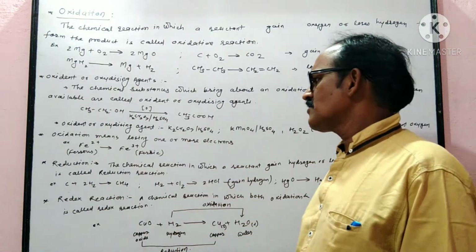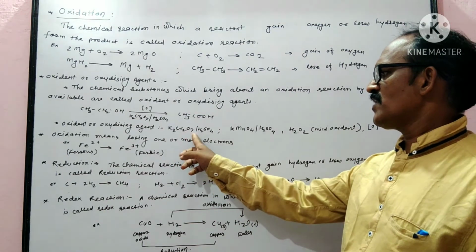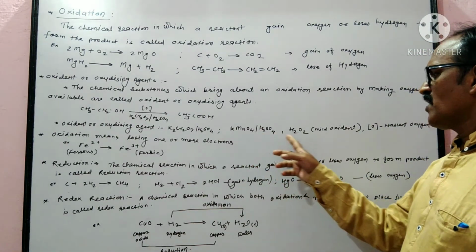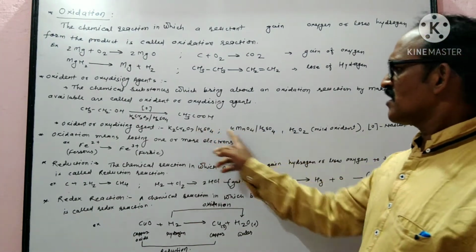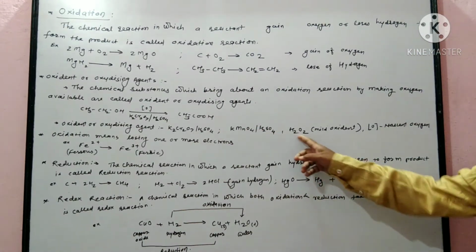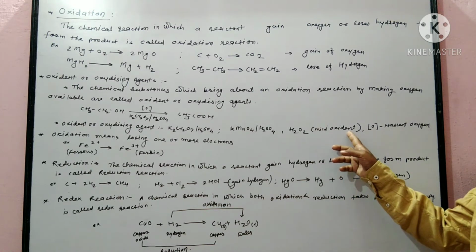Which are the oxidizing agents? The oxidizing agents are K2Cr2O7 with H2SO4, KMnO4 with H2SO4, and H2O2. These are the chemical oxidizing agents, means oxidants. H2O2 is also an oxidant, but it is a mild oxidant.